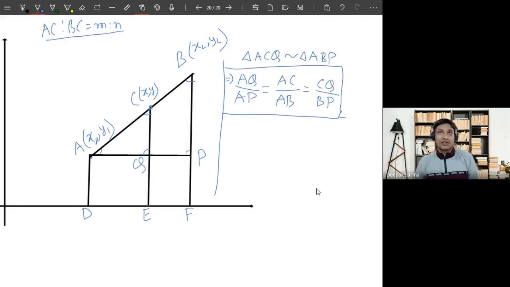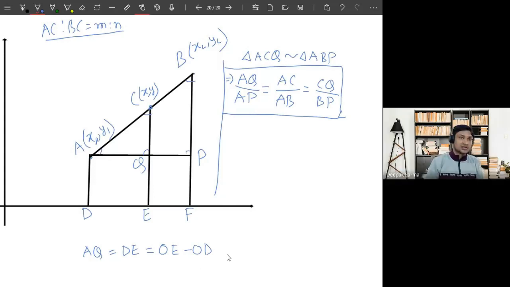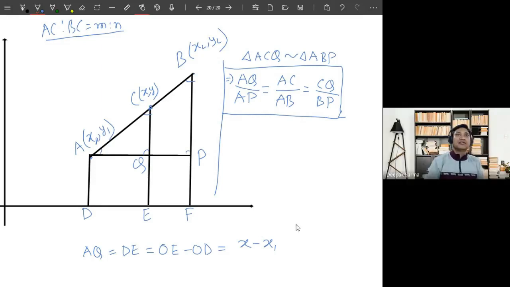Now, if I consider the first two, or even the other two, can you find AQ in terms of our known quantities? What is AQ? AQ is nothing but D, and D is nothing but OE minus OD. What is OE? X. What is OD? Isn't it X1? Similarly, can you find AP?